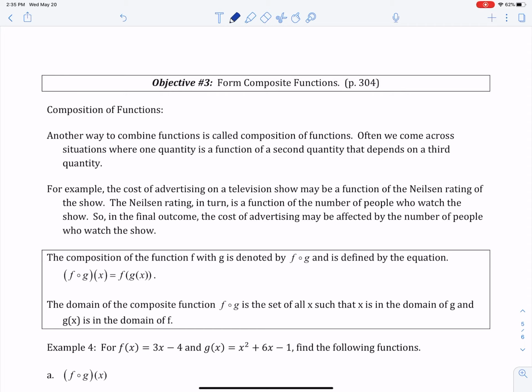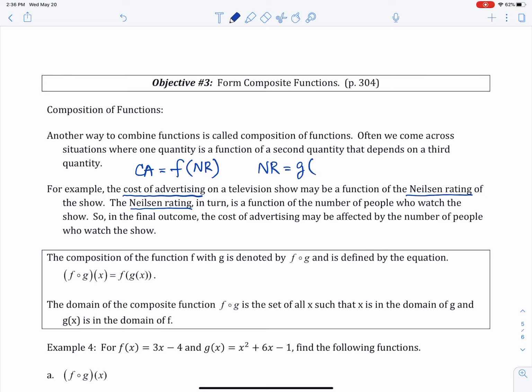quantity. For example, the cost of advertisement of a TV show may be a function of the Nielsen rating. So that's a function of the Nielsen rating. However, the Nielsen rating is also a function.